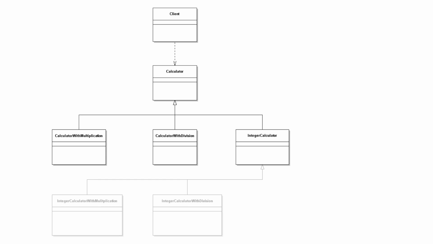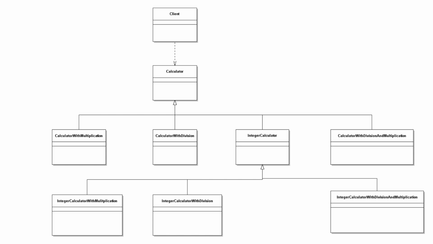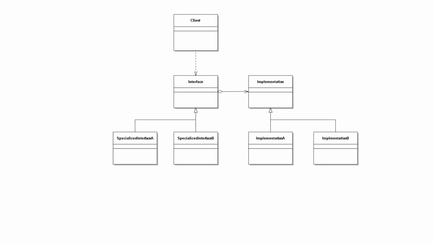This leads to a proliferation of classes where you have to combine different changes in crazy ways, and you end up with a lot of duplicated logic, because in Java you can't do multiple inheritance as you can in other languages, which is a little unfortunate, but it's what we have to live with. So the bridge pattern, which I will show you now, sort of fixes this. Sort of, not entirely, but it's better.